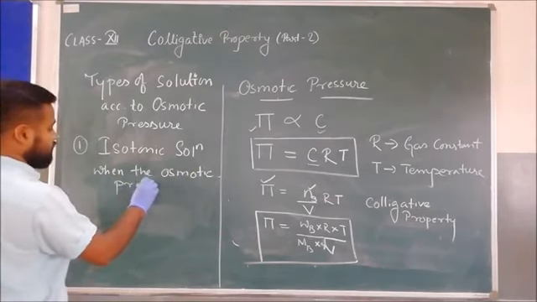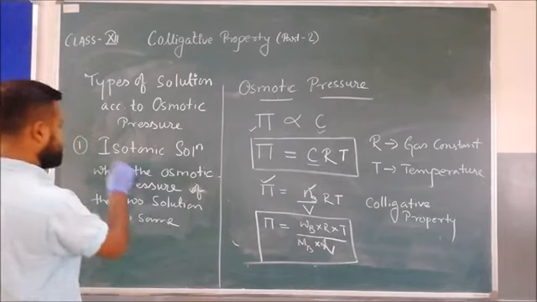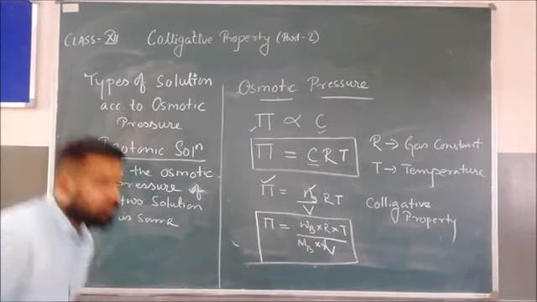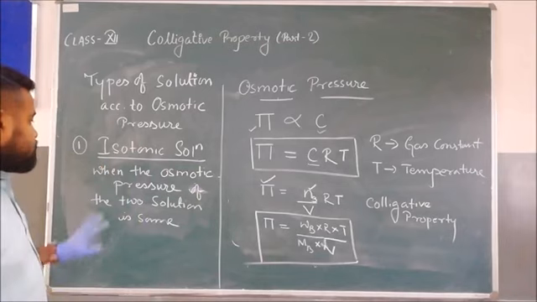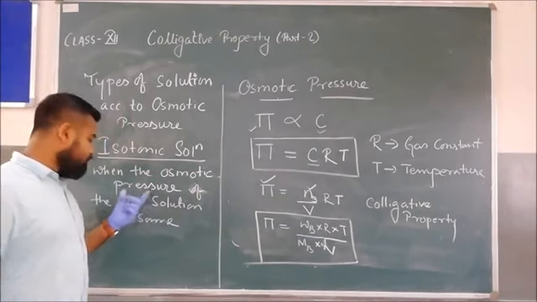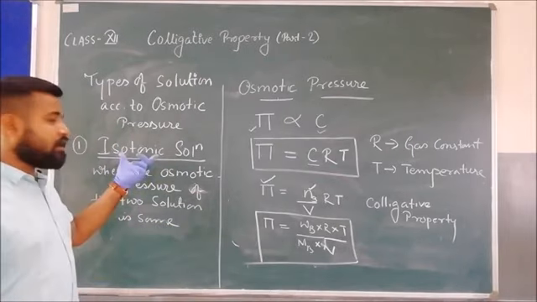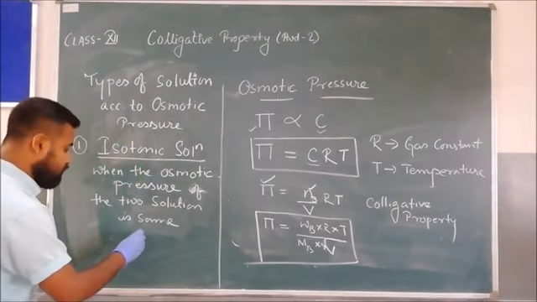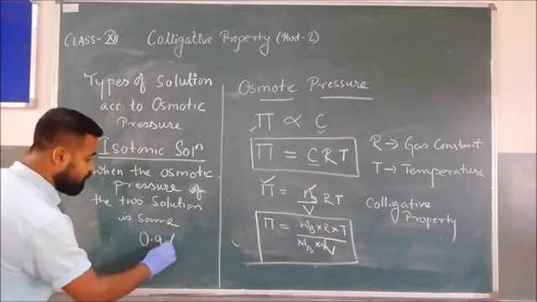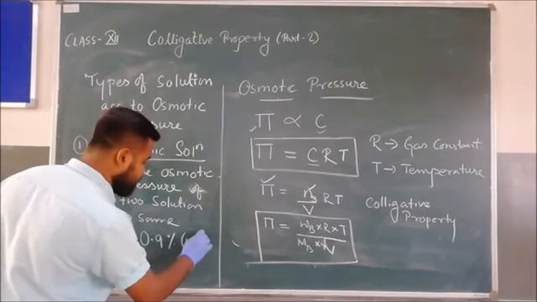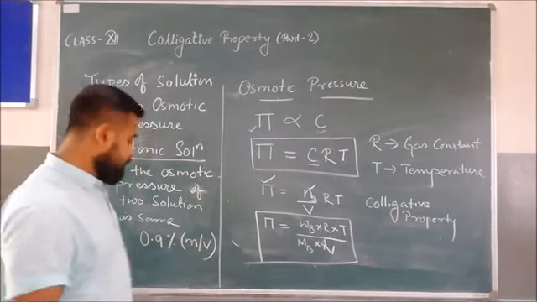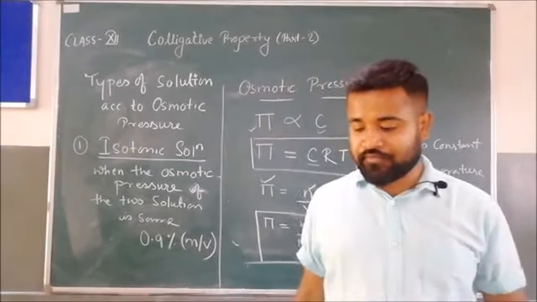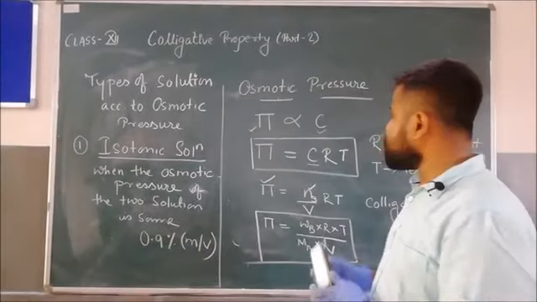When the osmotic pressure of the two solutions is the same, it is called an isotonic solution. It means the composition of the solution is equal to 0.9% mass by volume. So this is called the isotonic solution.